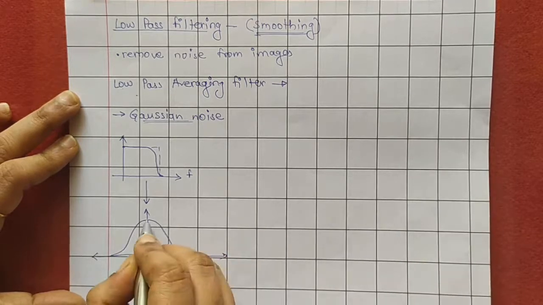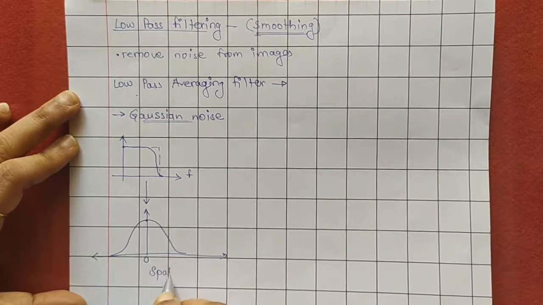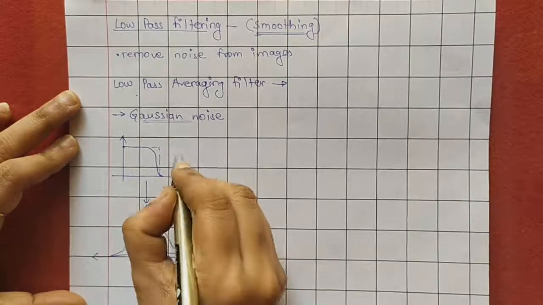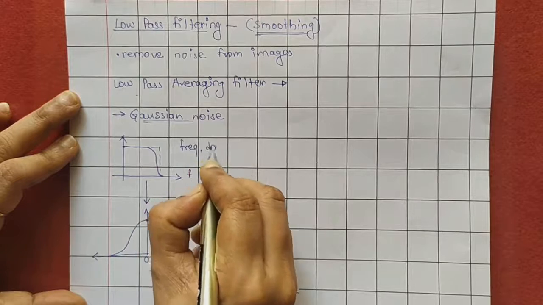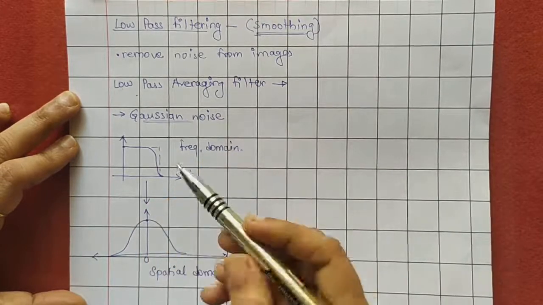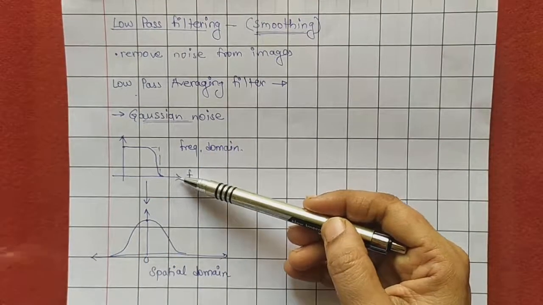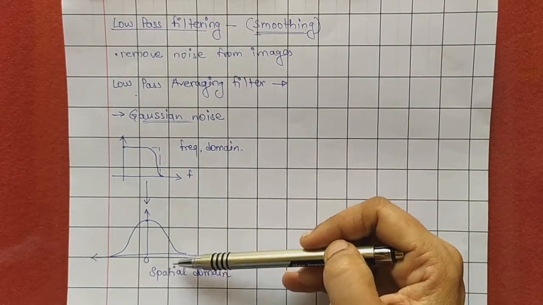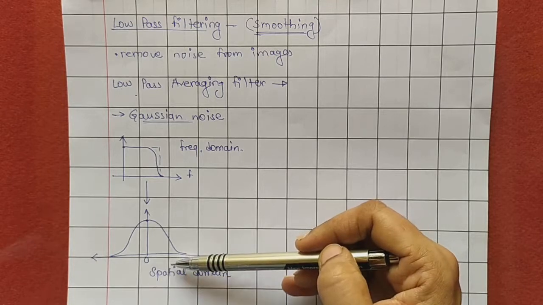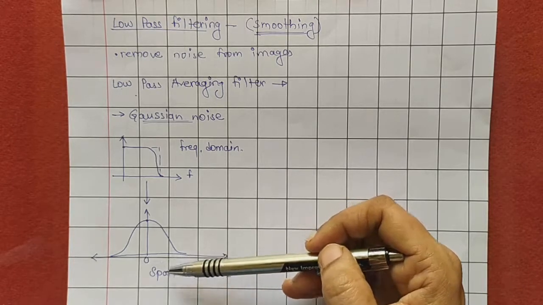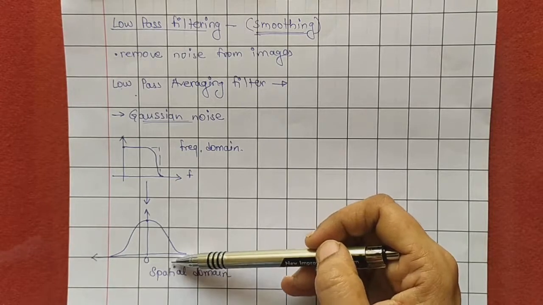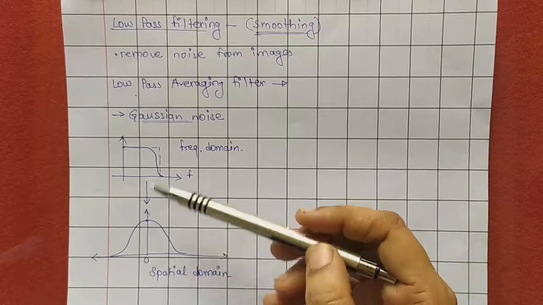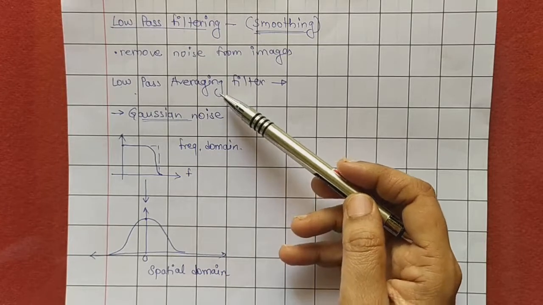So this one is the frequency domain representation for the low pass filter, and this one is the spatial domain representation. From this spatial response we can generate the filtering mask for the low pass averaging filter.